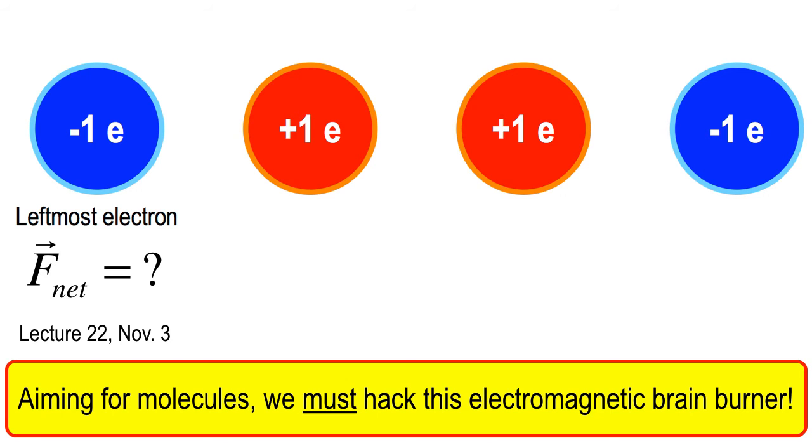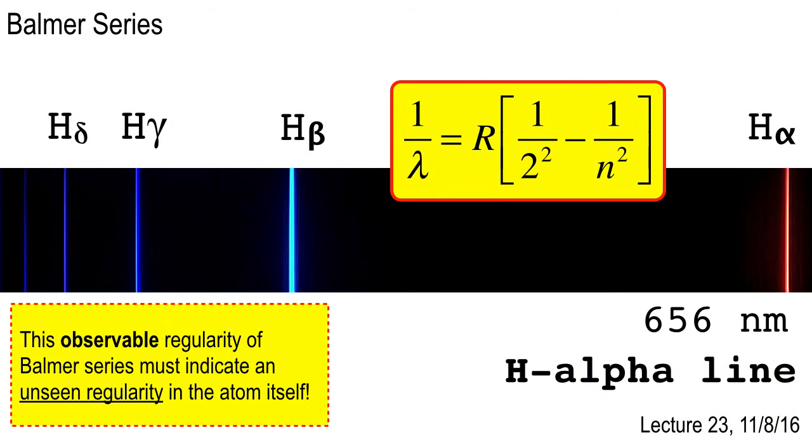And that was about lecture 22, November 3rd, just a month ago. Lecture 23, Balmer's Series. Remember that? This was the day when we said, there's got to be some pattern. Why are only these specific lines visible for hydrogen, for pure hydrogen anyways, when you look at it through a diffraction grating?